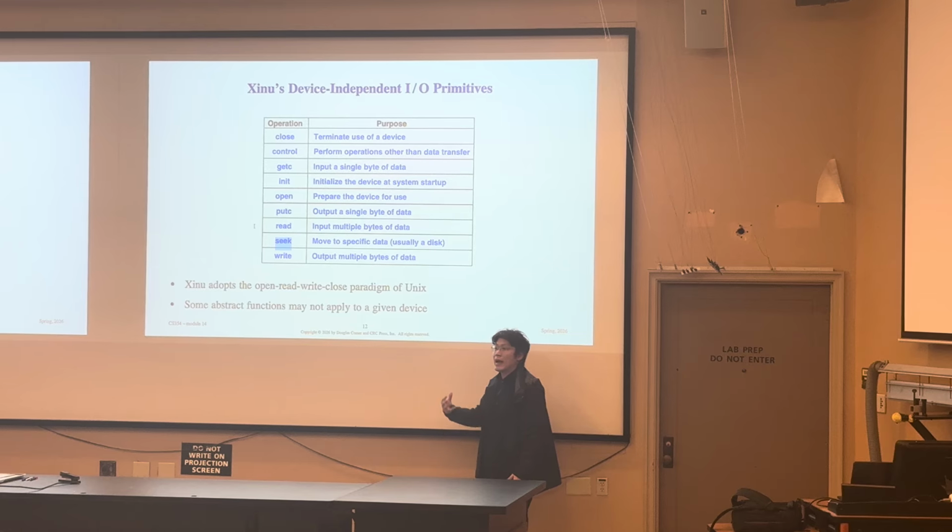It's mainly an outgoing byte stream, but it can be modeled as a byte stream. Your keyboard can be modeled as a byte stream, although most of the time it's just an incoming byte stream. Your disk and memory can be modeled as byte streams, when you are reading things from disk, writing things to disk. So you can consider at least input and output, they are all byte streams.